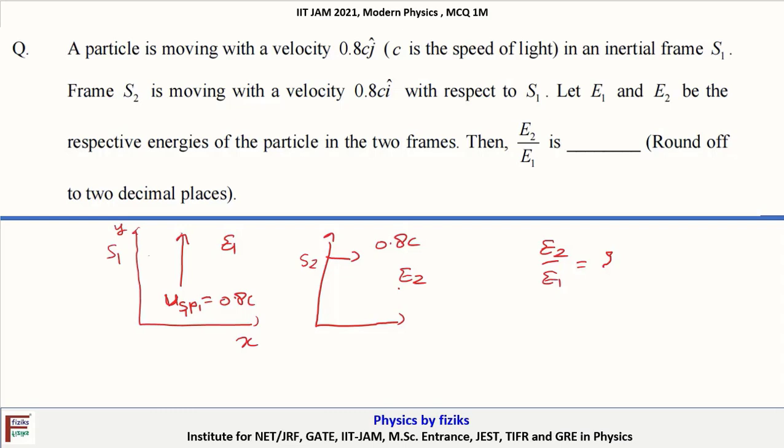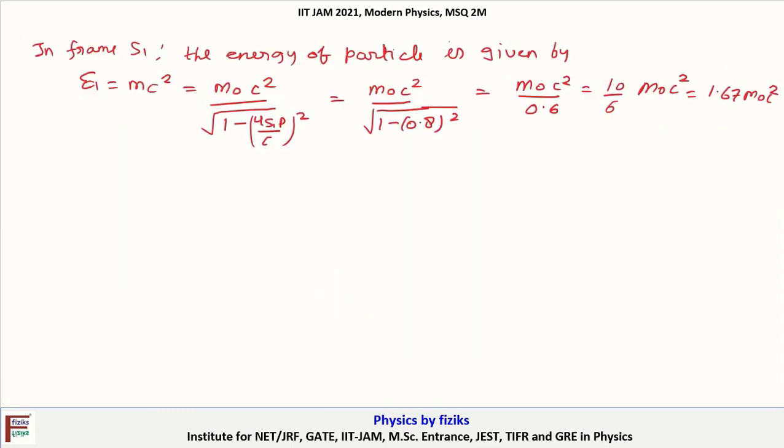Now when we are talking about the observer or the energy of the particle in the other frame, we have to use the relative velocity addition formulas.